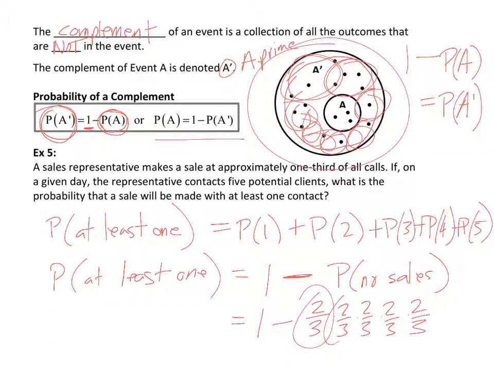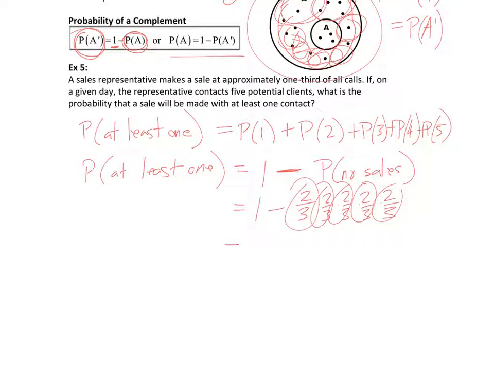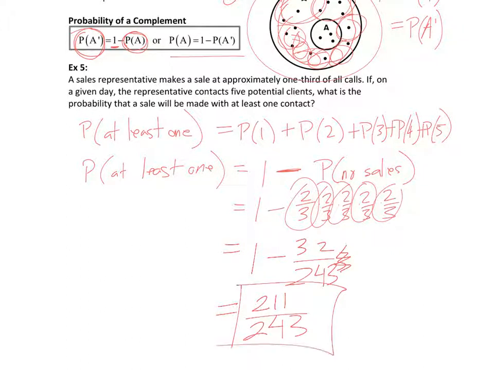And you're calling up 5 people. All right, so I have 1 minus 32 over 243. Oops, 243. And so I end up with 211 over 243. That is all there is to it.